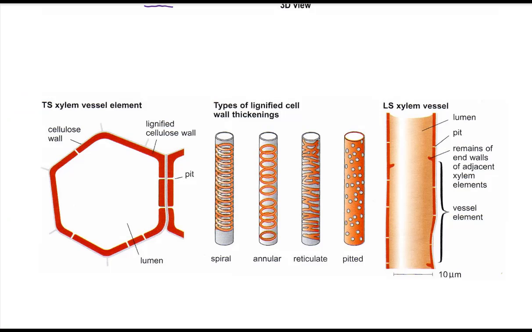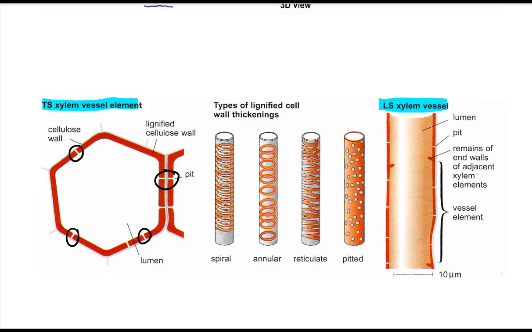Now moving on then, this diagram just shows the transverse section of the xylem vessel, and this one shows a longitudinal section. So in transverse section, the xylem normally looks a little bit hexagonal, where you can see the cellulose cell wall around the outside. These little gaps that we talked about just now are the pits, which allows lateral water movement.